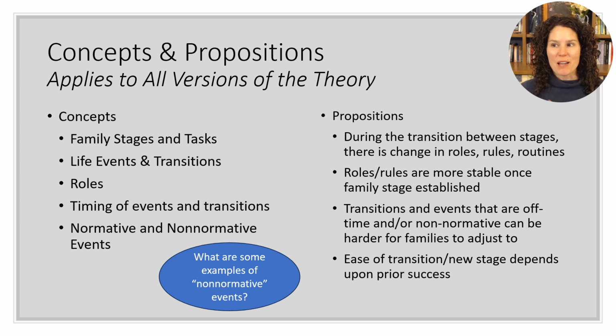These concepts and propositions apply to all 4 versions of the theory. We've talked about some of this already, right? Stages are essentially periods of stability in the family where we've maybe accomplished our tasks, figured out our roles and our divisions of labor, and we have more stability.